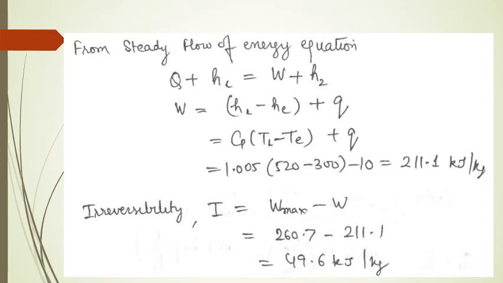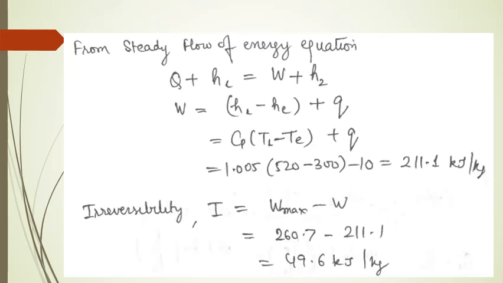From steady flow energy equation, which is the first law applicable for the steady flow processes, we get the value of actual work. So Q plus Hi is equal to W plus He. Here all the other terms like the change in kinetic energy and change in potential energy terms have been neglected.